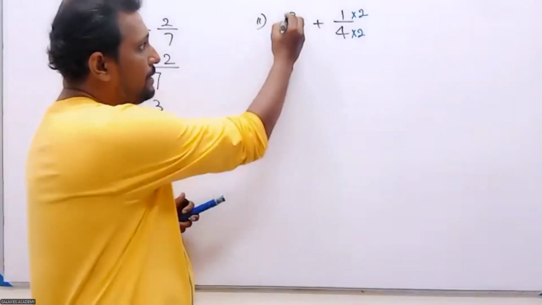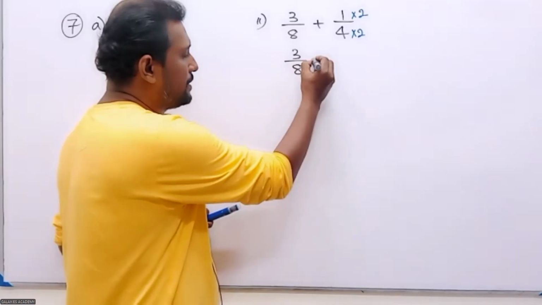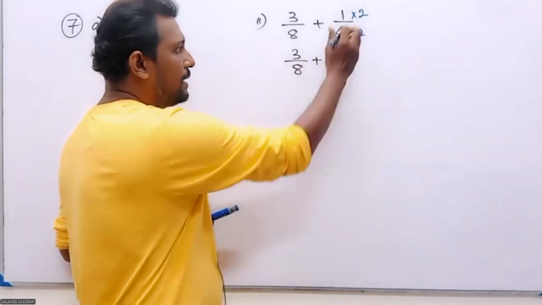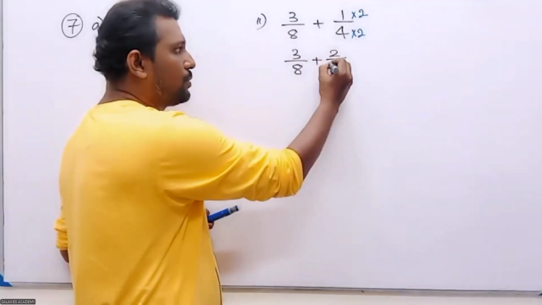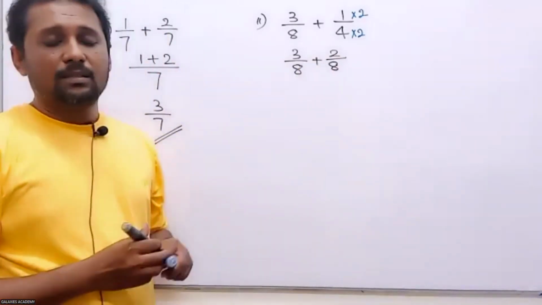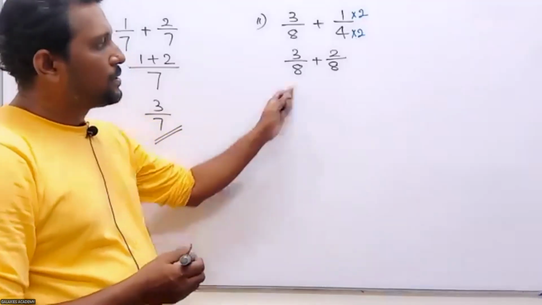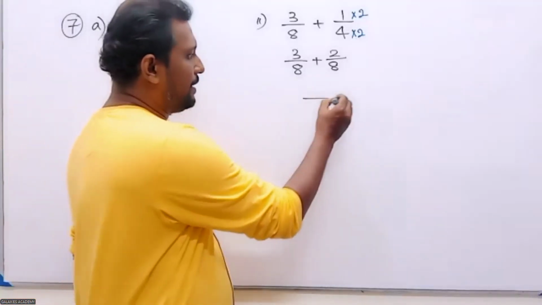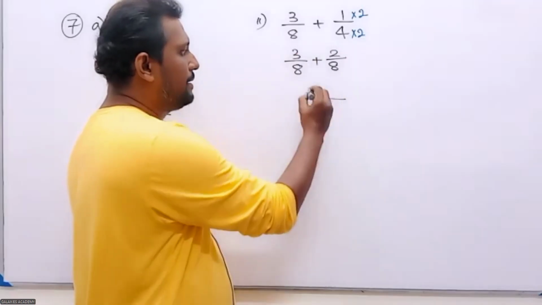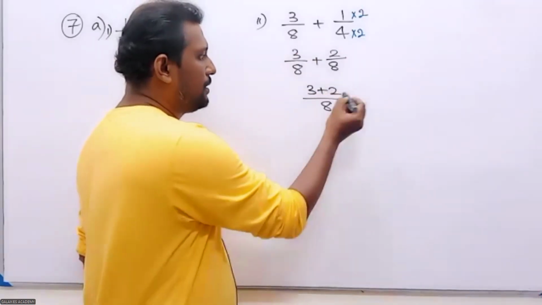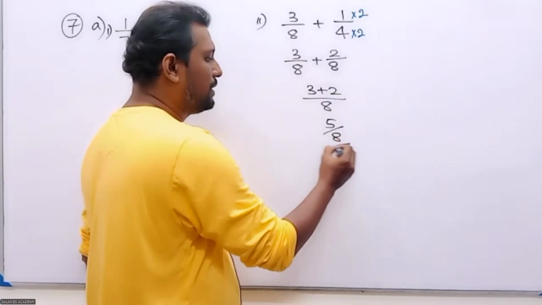Then I can write 3 over 8. This one I can write 1 times 2, 2. 4 times 2, 8. Now I converted the two fractions' denominators into the same denominators. So the answer denominator is the same one, 8. Now you can add 3 and 2. 3 plus 2, 5. 5 over 8.